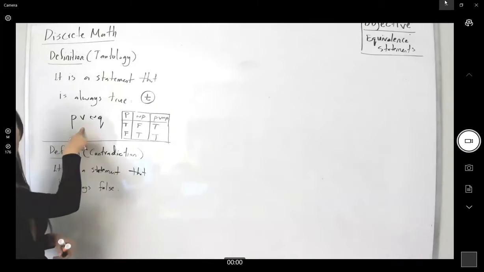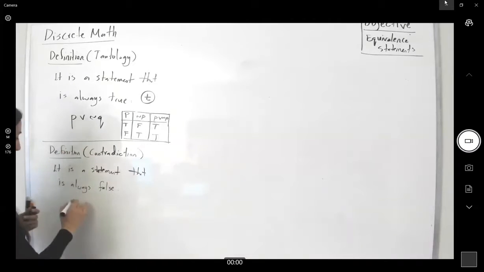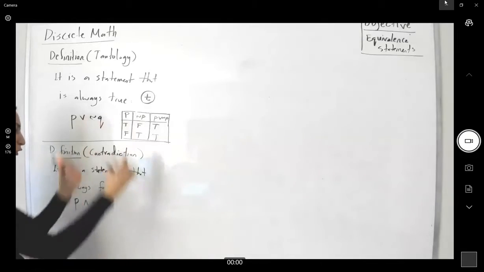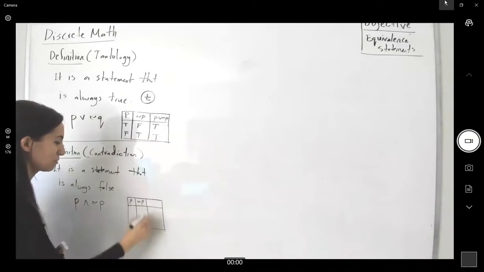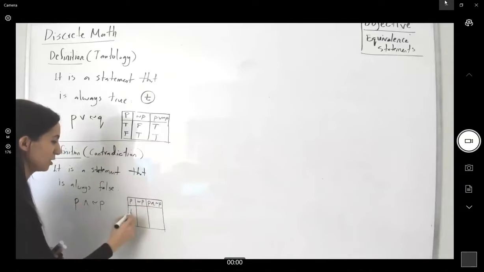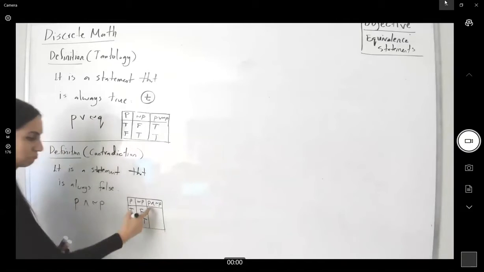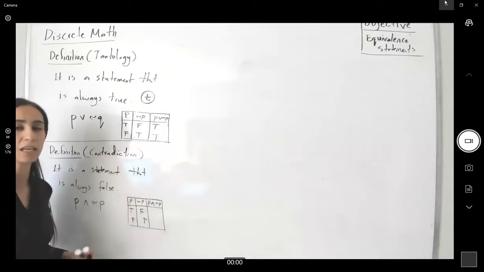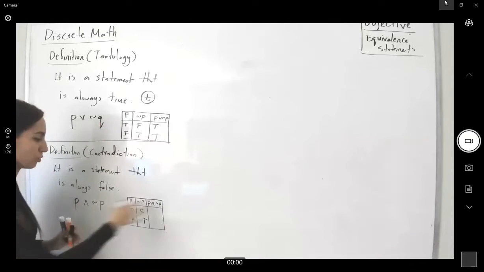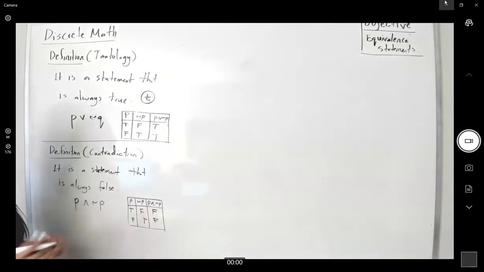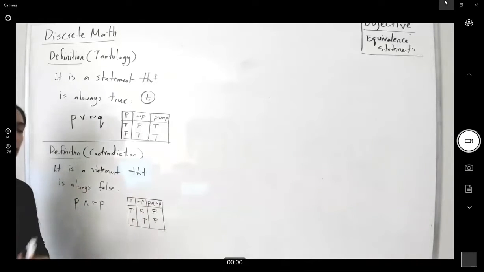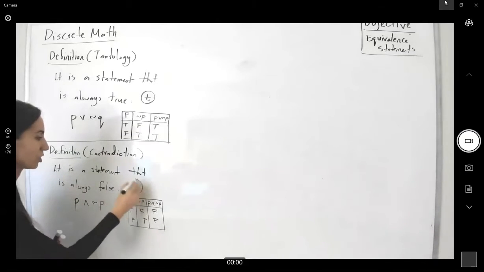If I switch or into and, I get a statement which is always false: P and not P. So the truth table: P, not P, P and not P. True, false, false, true. Then you have and. You remember that for and, it's true if and only if both of them are true. In other cases, it's always false. So this is a contradiction. We denote this by C. Contradiction.